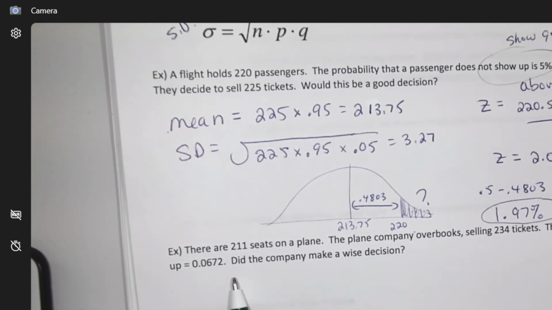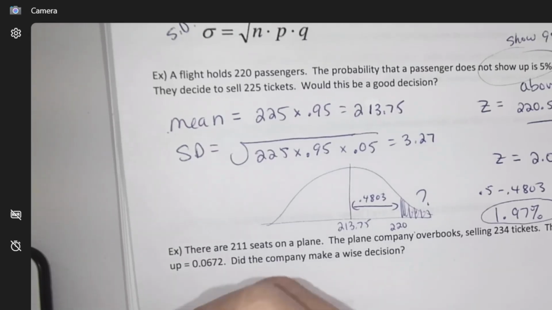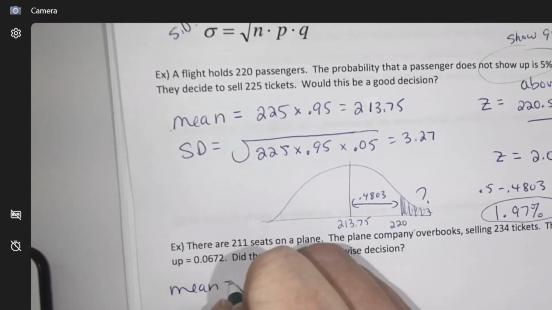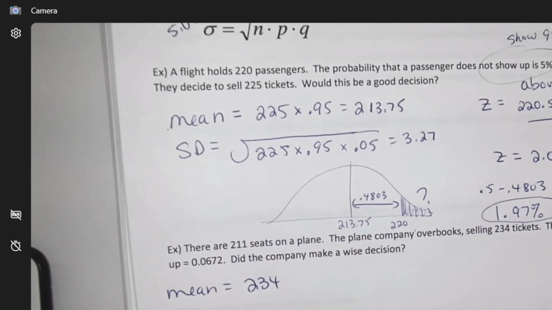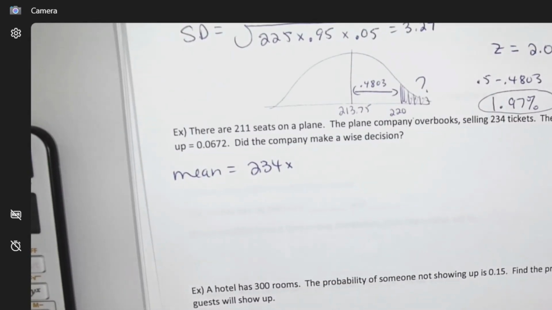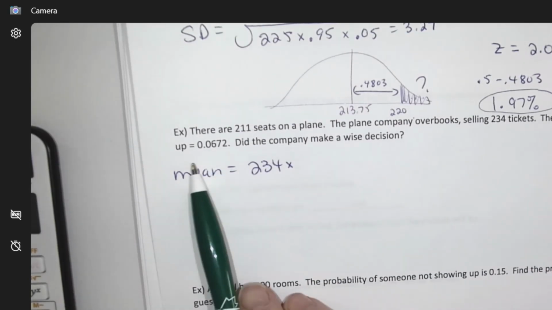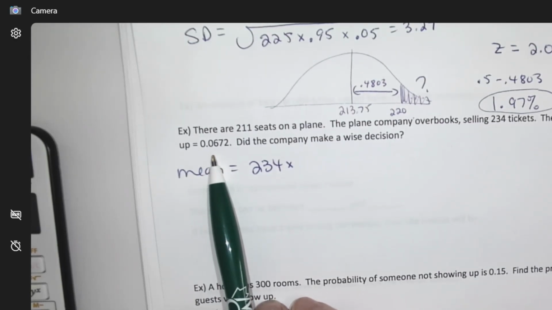Okay, this time we have 211 seats on this plane, and we decide to sell 234 tickets. Are you ready? So the mean, if we sell 234 tickets, times the probability that people are coming. I need you to do 1 minus this, because this is the not showing.